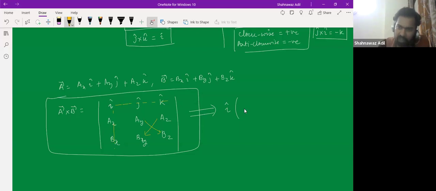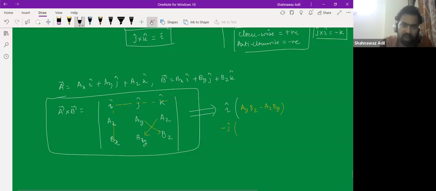So this would be AY BZ minus AZ BY. Then I take the negative of J hat, and I ignore the J column and J row.